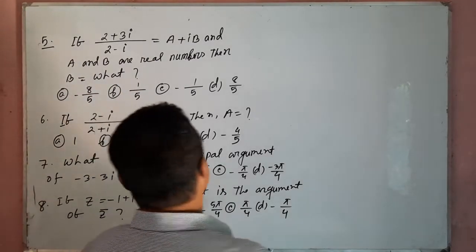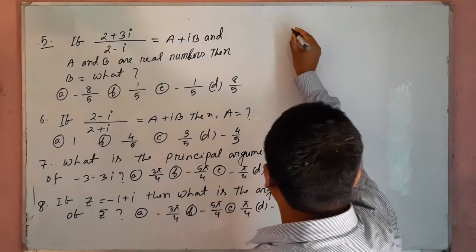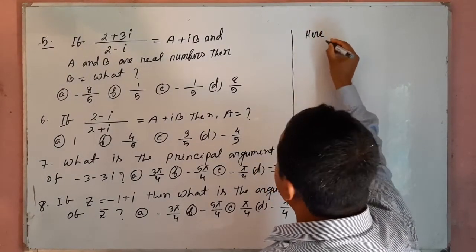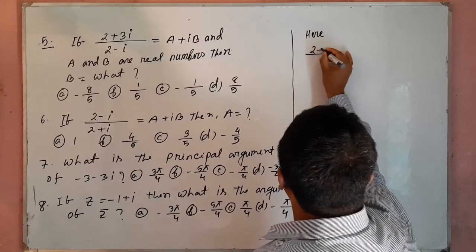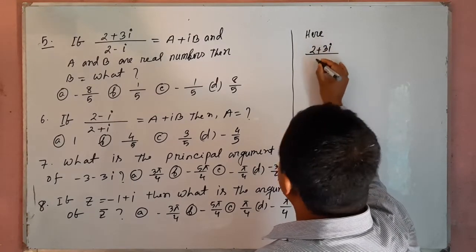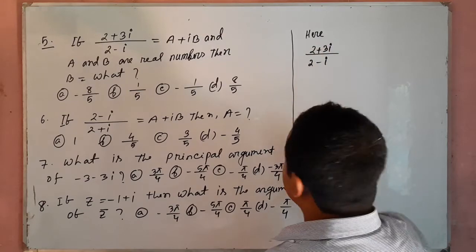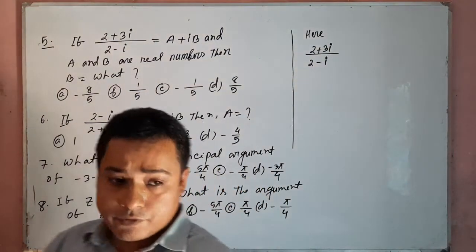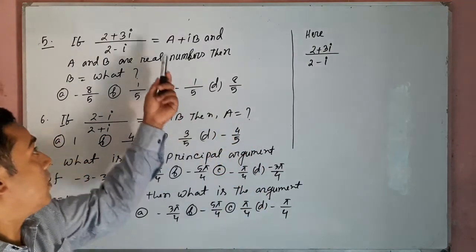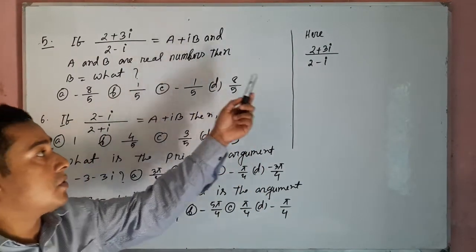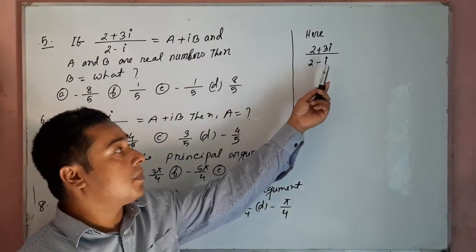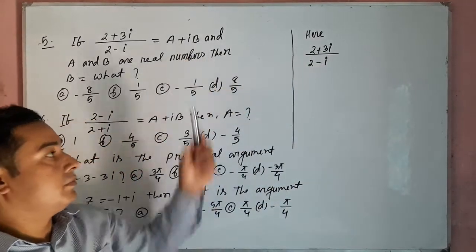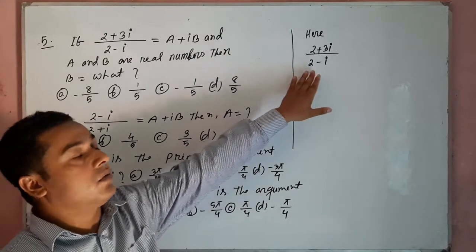Okay, my dear student, here 2 plus 3i over 2 minus i is in complex form, but this is not the form of a plus ib. That's why at first this complex number is converted into this form.